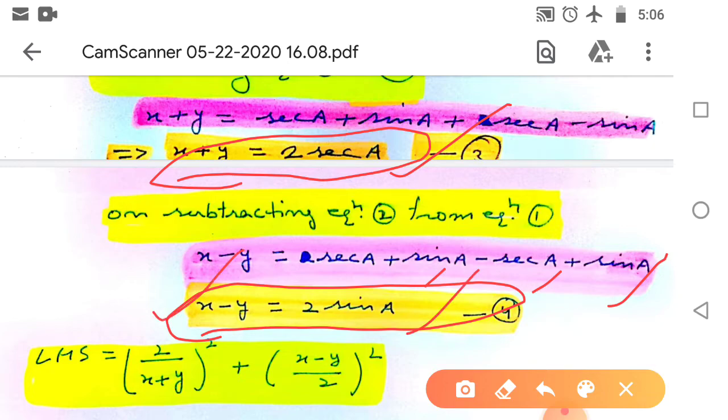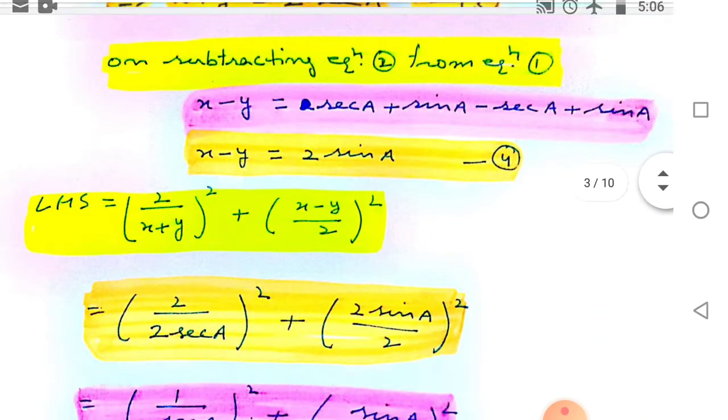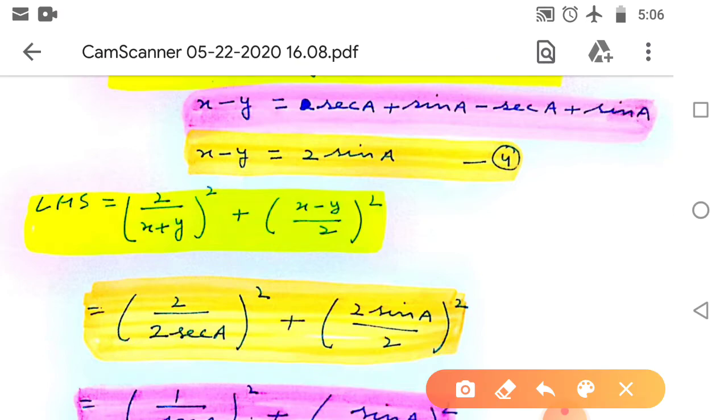Now, take the LHS of the question, which is (2 upon x plus y) whole square plus (x minus y upon 2) whole square. So, put the value of x plus y as 2 sec A and the value of x minus y as 2 sin A: (2 upon 2 sec A) whole square plus (2 sin A upon 2) whole square, right.